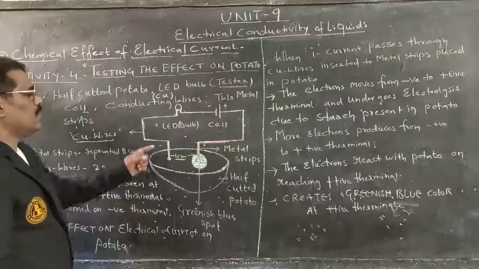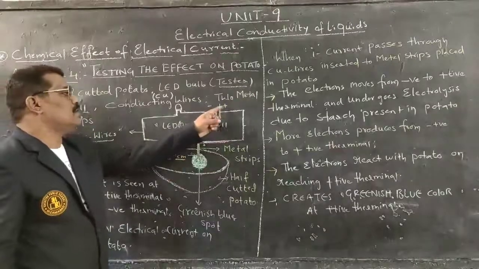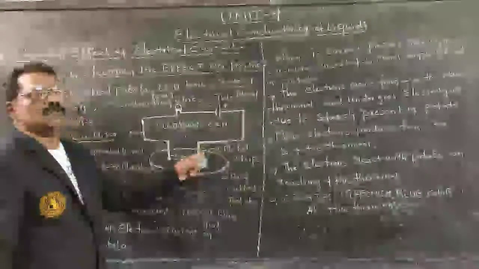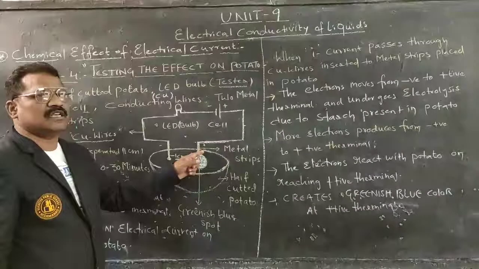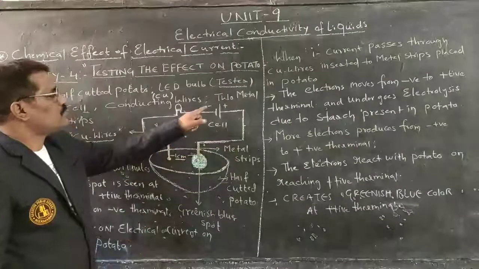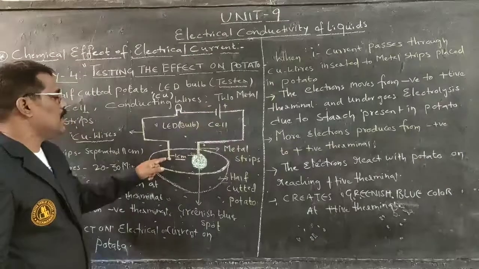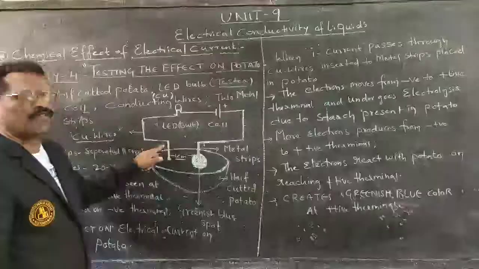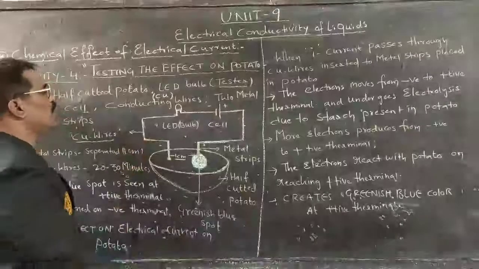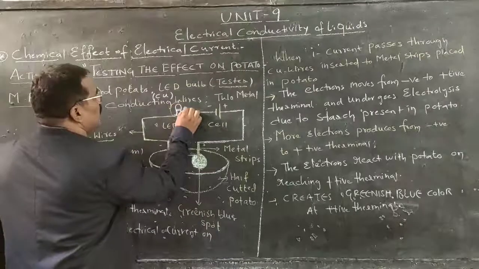The positive terminal of the cell is connected to one metal strip, called the positive strip. The negative terminal of the cell is connected to the other metal strip placed within the potato through the LED bulb.